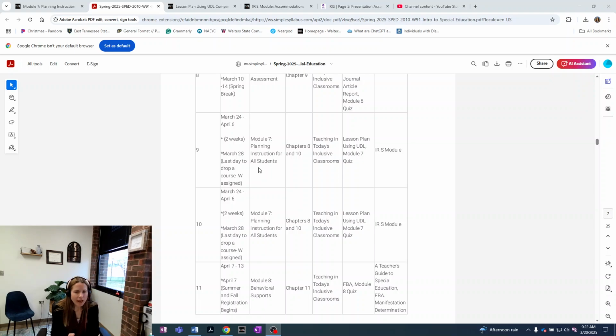And now we're going to use all those things to put an actual lesson plan together. When we're doing this lesson plan, we're going to be thinking about how we plan for all of our students, right? Going back to those UDL principles. You will also be completing an IRIS module on accommodations, right?